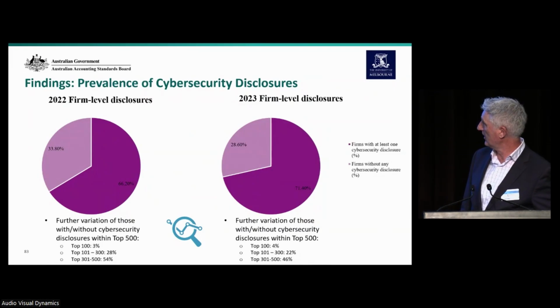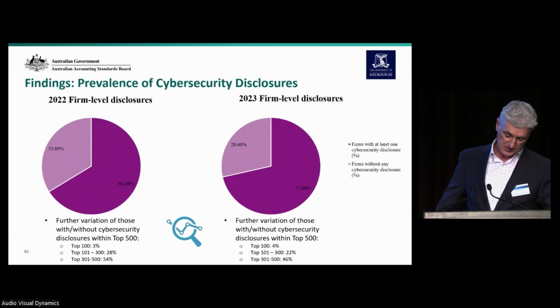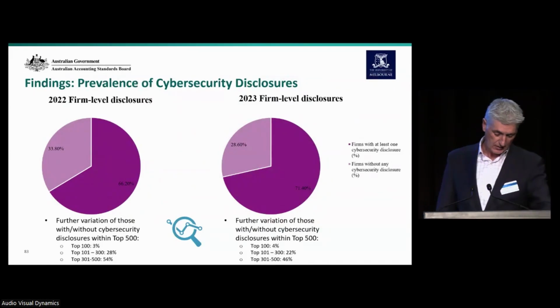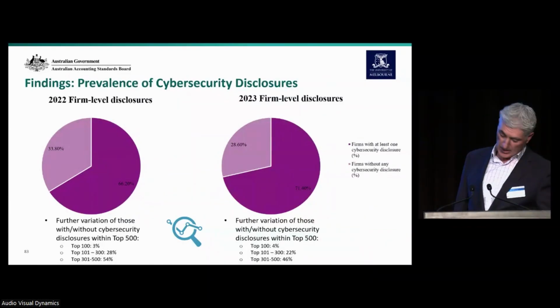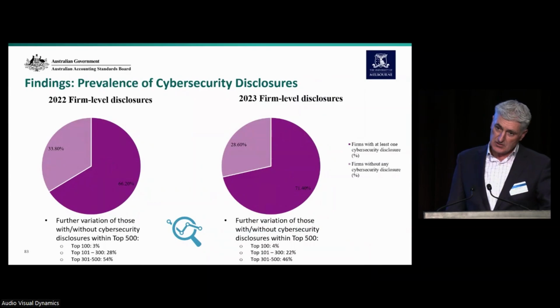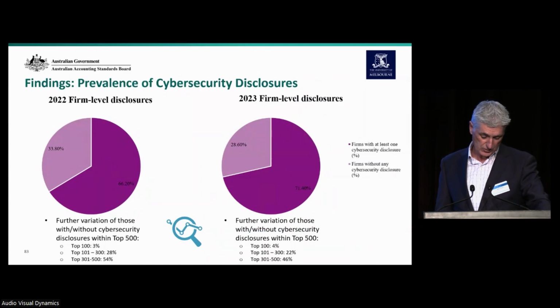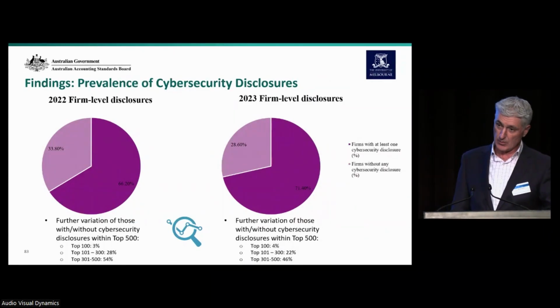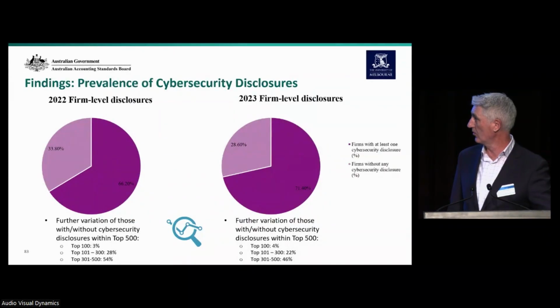In 2023, encouragingly, this increased to 71.4%, but still 28.6% of the ASX top 500 in 2023 didn't disclose any information in their annual reports relating to cybersecurity, perhaps indicating a lack of awareness of the importance of cybersecurity to their organisation.